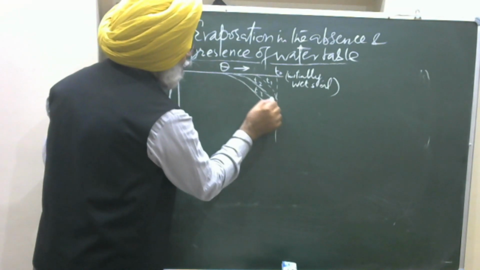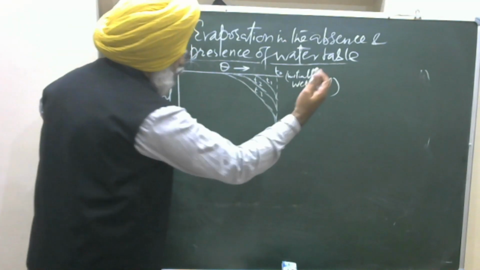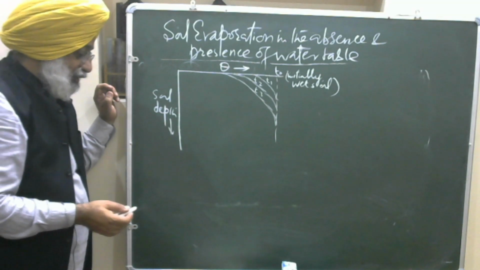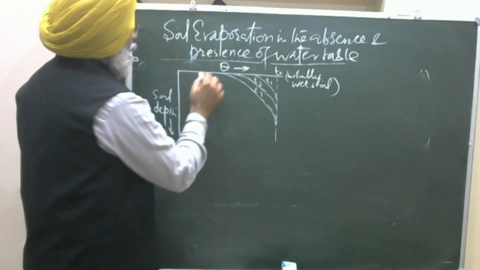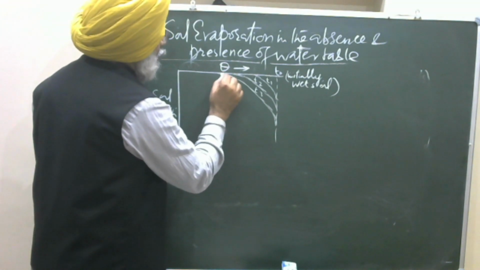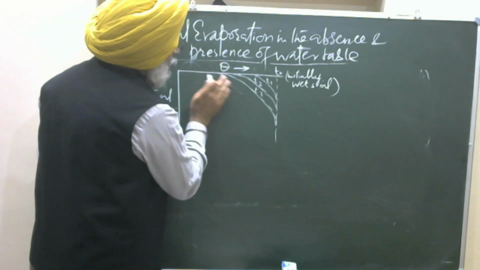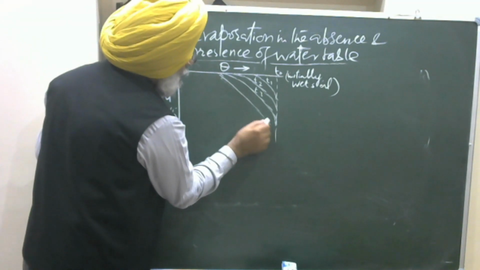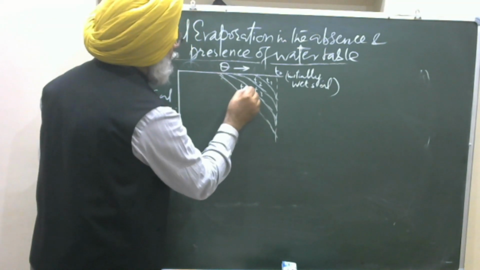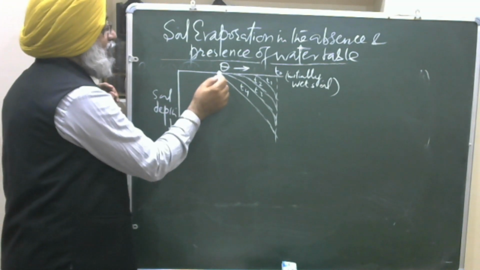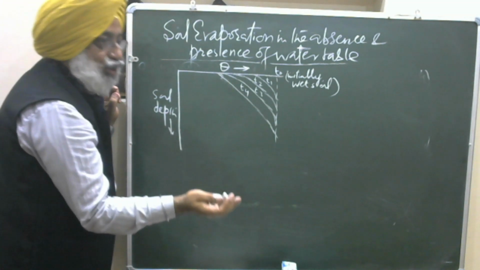So as the time goes on, the moisture content of the surface layers goes on decreasing, and then at t4 it could be like this.